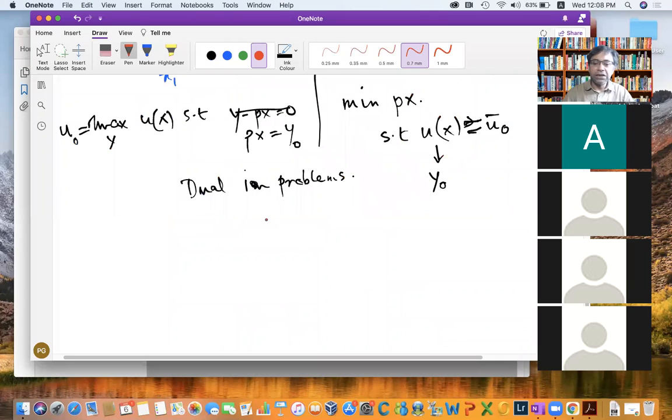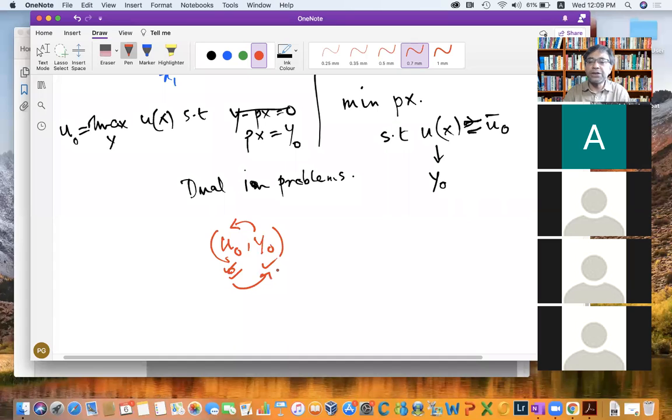So in other words, U0 and Y0 is a pair. If we use this income in the constraint of our utility maximization, we'll get this utility, right? And if we use this value in the constraint of our dual problem, then we'll get this expenditure, right?